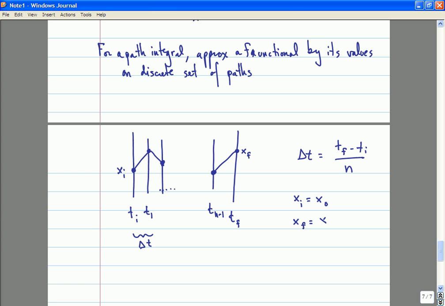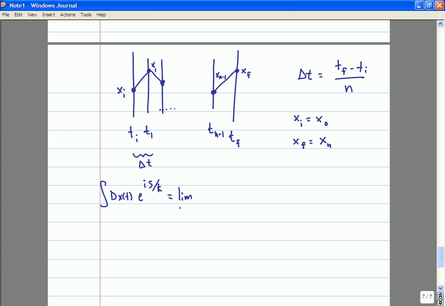So the propagator is then given by the limit where n goes to infinity of the integral over x1 all the way up to xn minus 1 of the exponential of i over h bar times the classical action evaluated on this funny-looking discrete path.